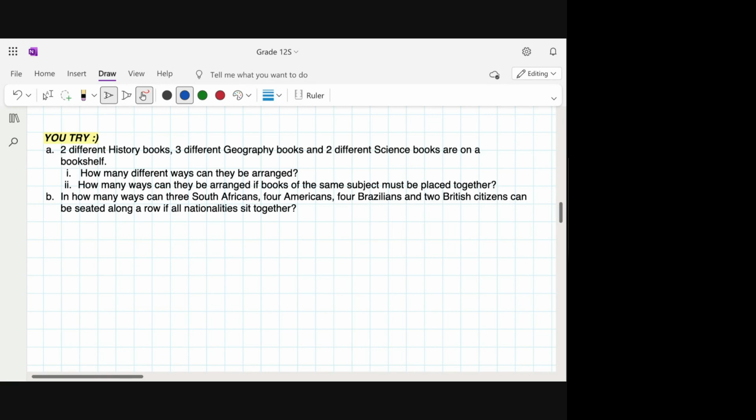Okay, I'm going to give you a good few minutes to try this out. It's not too bad. Very similar to what we've been doing before. Pretty much identical.